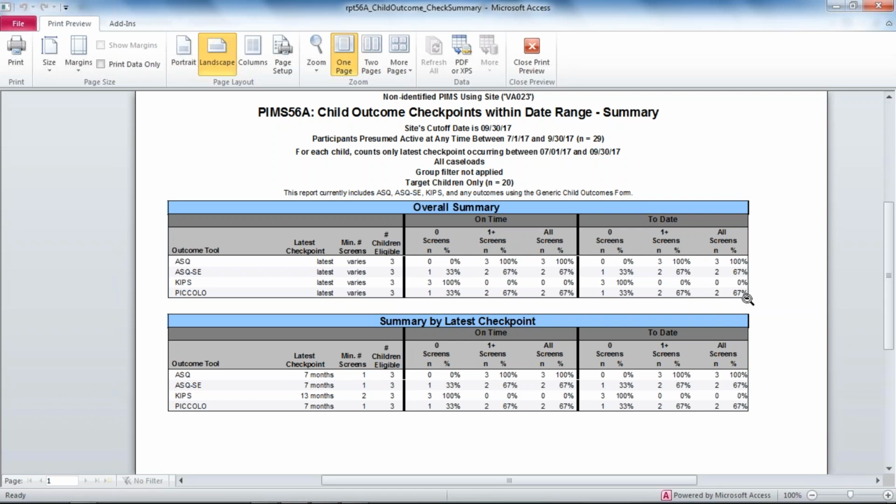Because, as I said before, if you're not getting 80% of the participants that you're expected to get, at least at this level of getting some screens, you're not getting a real accurate accounting of what your program looks like and what the participants look like.